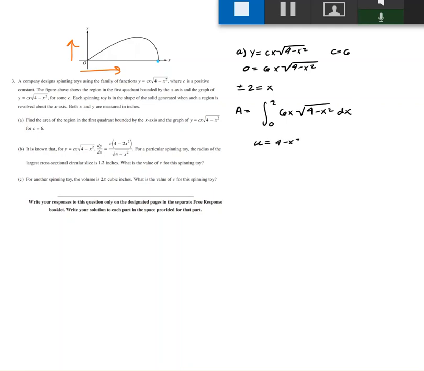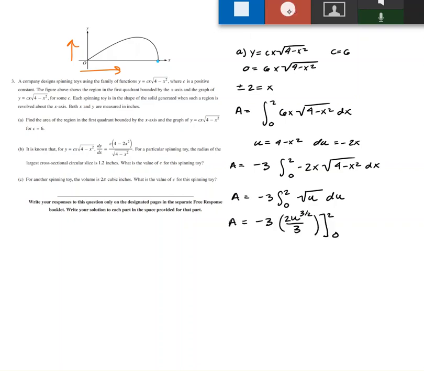And I'll leave du to be negative 2x dx. So then we're going to work that into our equation, right? Then we're going to substitute u in. Then take the antiderivative, and the 3's will cancel, and that'll leave us with negative 2, and then we're going to substitute 4 minus x squared back in for u.